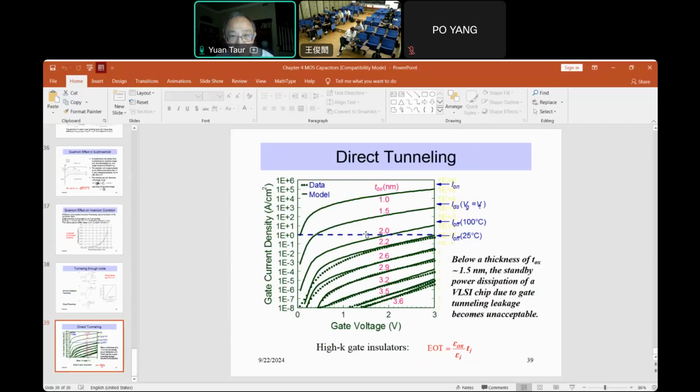This is important because we talk about the standby power dissipation or the off current. Actually it's not off, but there's no MOSFET current, it's in a standby condition. We'll go over the detail in chapter 8. But due to gate tunneling leakage, compared with the off-state current, it becomes appreciable once the oxide thickness is thinner than 2 nanometers.